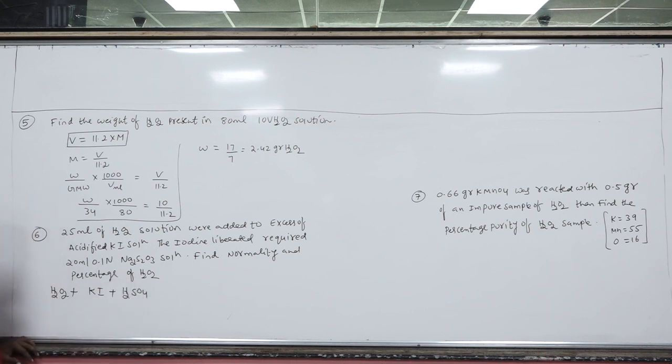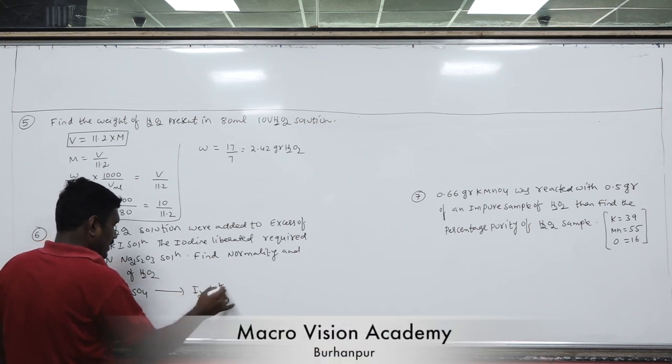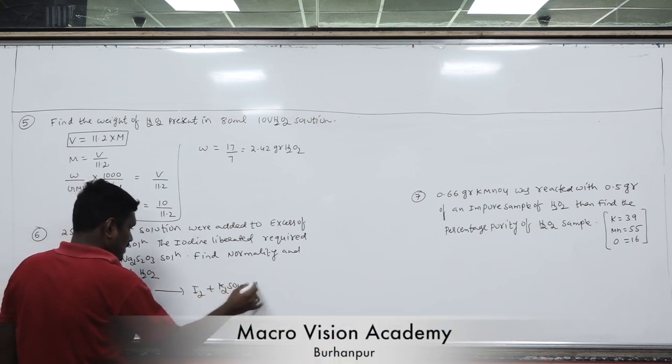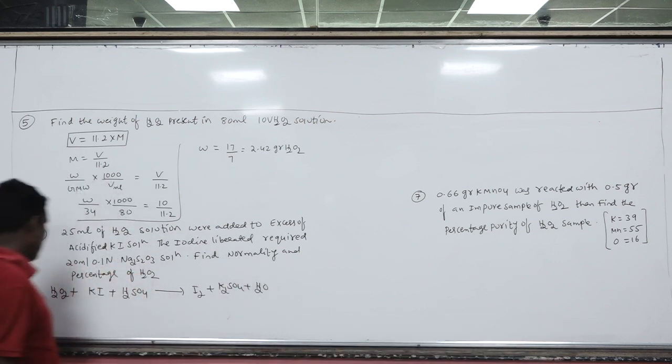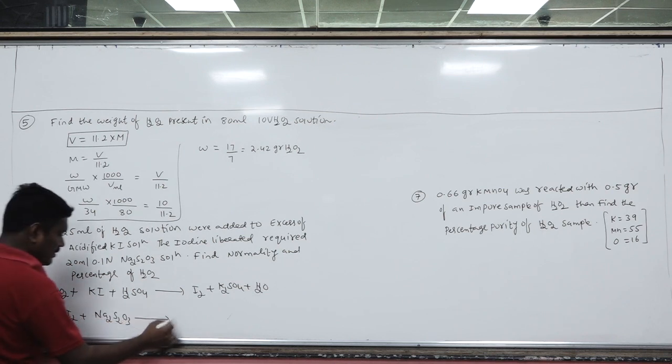In the presence of H2O2, what happens? I2 plus K2SO4 plus H2O. From the potassium iodide, I2 is liberated. This I2 will be estimated by using the standard solution known as hypo solution.